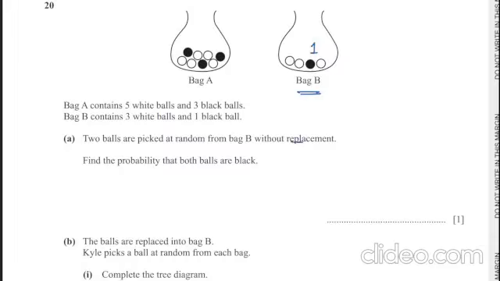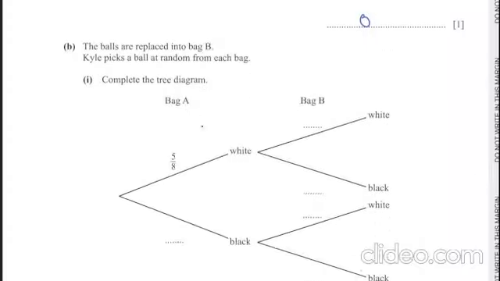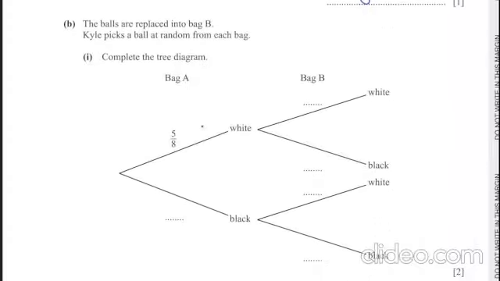This is possible with replacement, but it is without replacement. So when you take 1 ball, suppose you took the black ball outside, you're left with 3 white balls inside. So the second ball can't be black. Therefore the answer will be 0. Probability will be 0 for that, an impossible event.